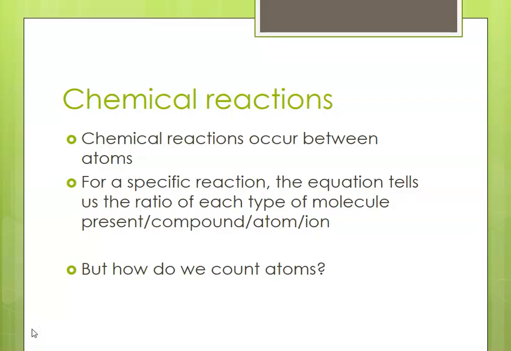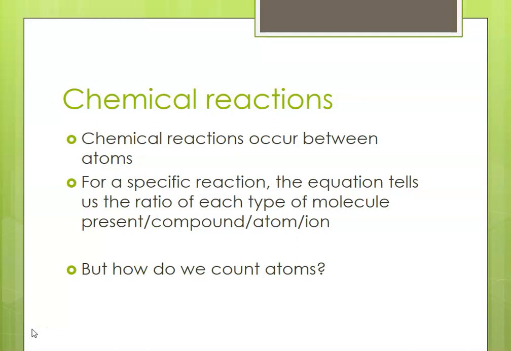So when we look at a chemical reaction, what it tells us is how many atoms are reacting: what types of atoms are present and how many of each are involved in a reaction. For any specific reaction, the balanced equation tells us a lot about how many particles of each substance are present and how they convert.